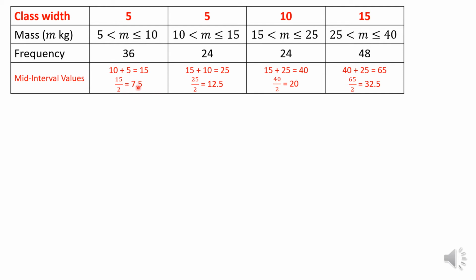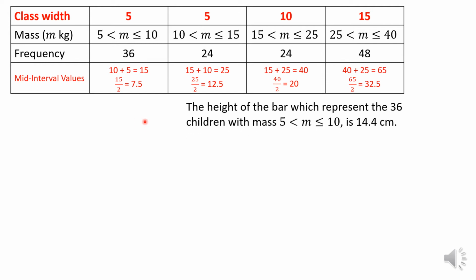That's just the average within the class interval, because we don't have the data to say of these 36 that A, B, C, D and so on have this mass. So we just average it out. We're going to use those mid-interval values when I do the second part of the question, namely to estimate the mean.